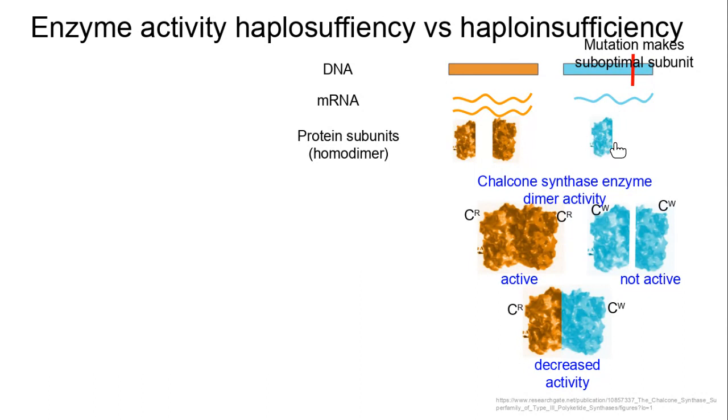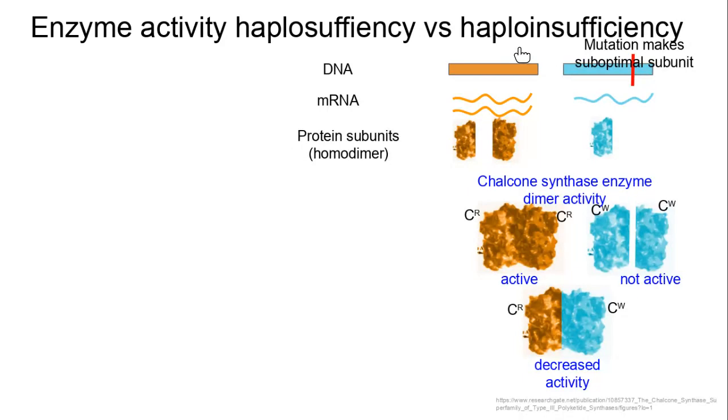So it makes a subunit that is different. If the functional alleles come together, they make a functional protein. If those don't come together, or they come together but don't make a functional protein, maybe it doesn't dimerize, maybe they don't actually bind to each other. And here, maybe these 2 parts bind to each other, but not very efficiently, so this enzyme doesn't work that well. Okay, so this would be the case of haploinsufficiency.